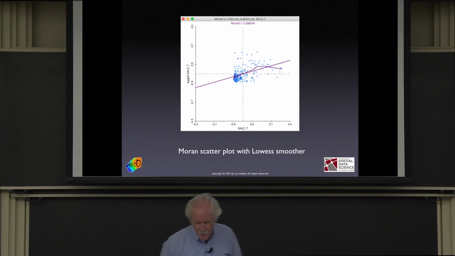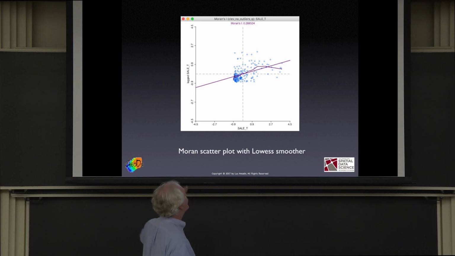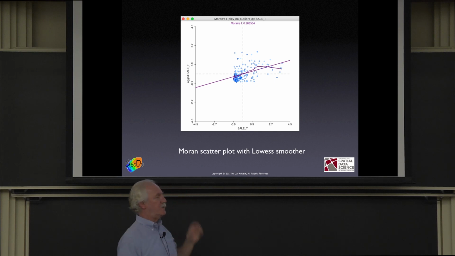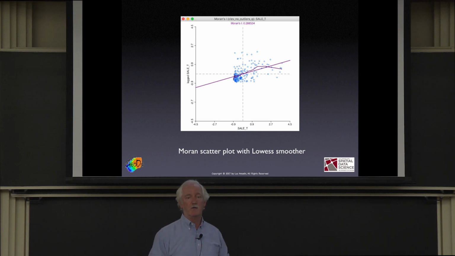I removed them. Yeah, in this I removed them, but still some indication of a positive slope in part of the data. And then once we get beyond these really high values that are more than one standard deviation above the mean, there is much less evidence of positive spatial autocorrelation.